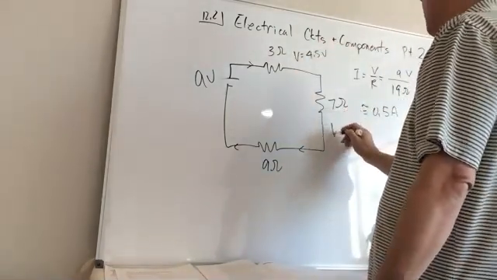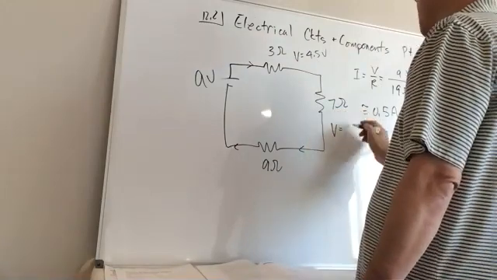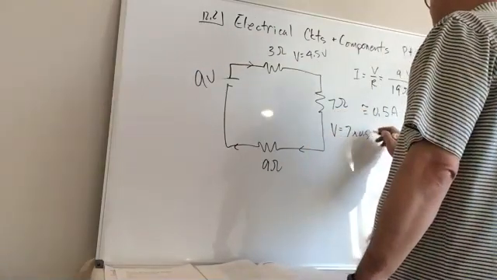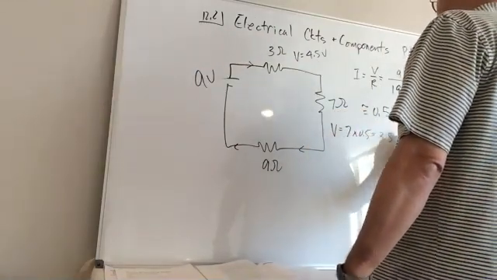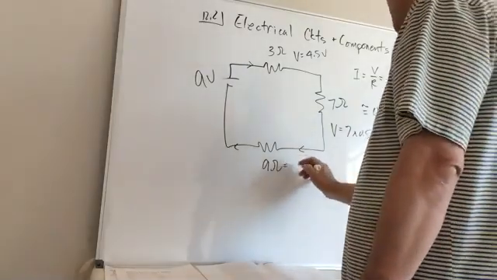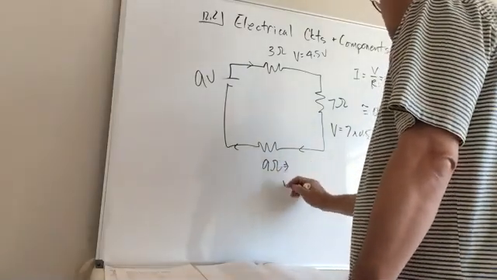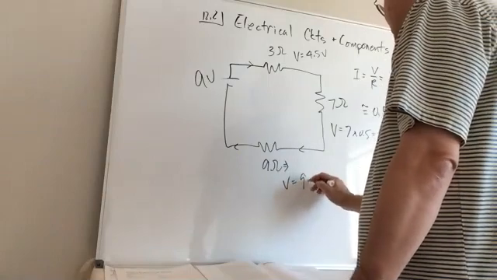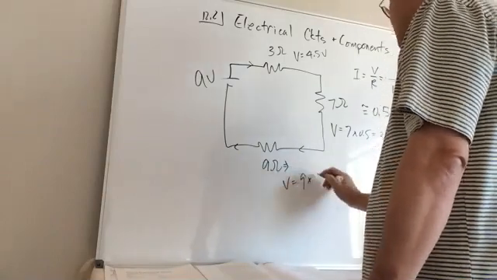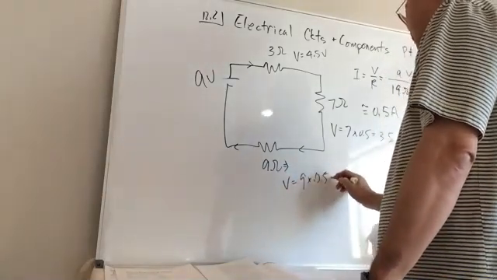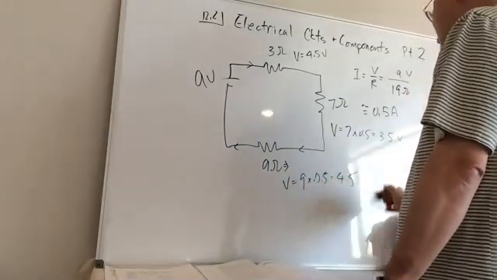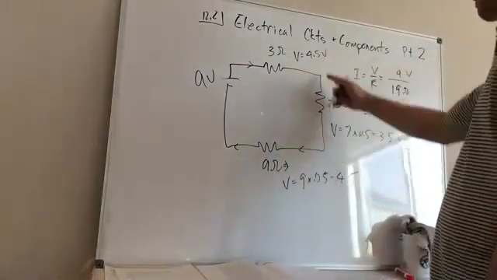Over here, the voltage drop is going to be 7 ohms times the half amp, so it's going to be 3.5 volts. Over here, the voltage is going to be equal to 9 ohms times the half amp, so it's going to be 4.5. If I add these together, I get 9.